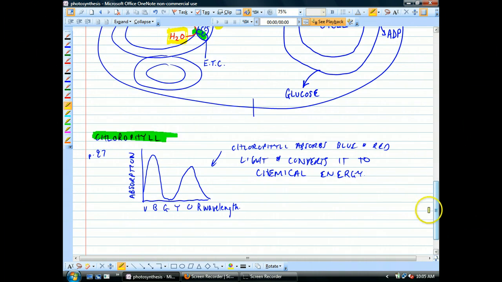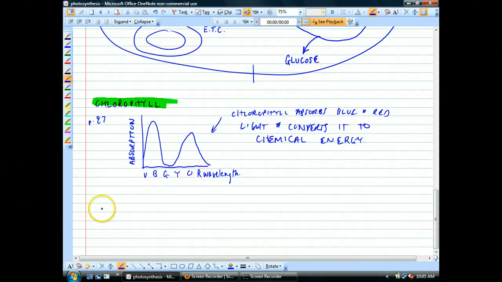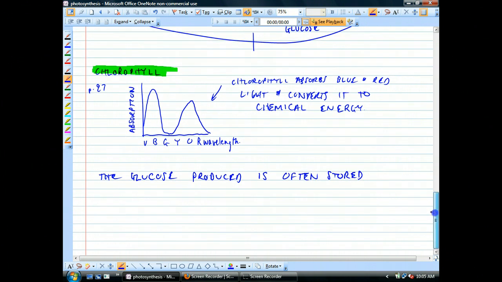The glucose produced in plants is often stored as a polymer.